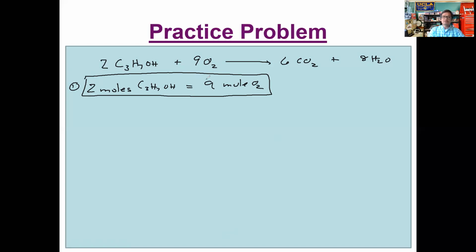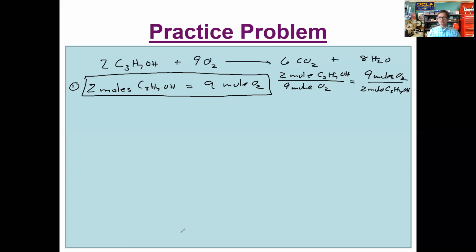Based upon these 2, we can set up the ratio, and a ratio is essentially a fraction. So we have 2 moles C3H7OH over 9 moles of O2, which will be exactly the same as its reciprocal: 9 moles of O2 over 2 moles of C3H7OH.